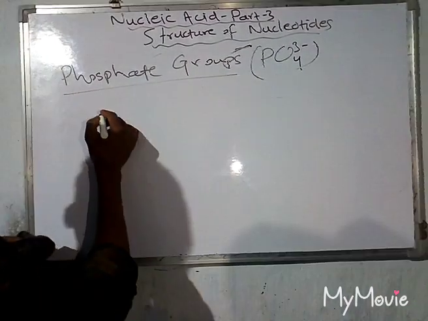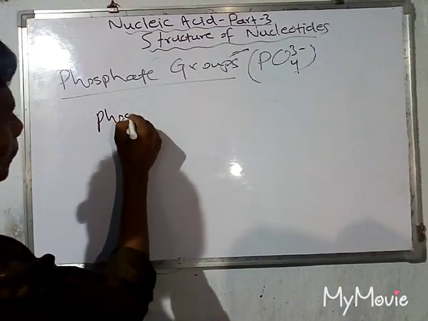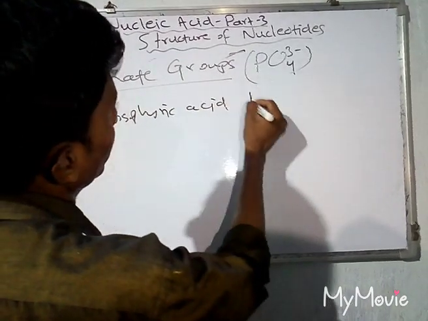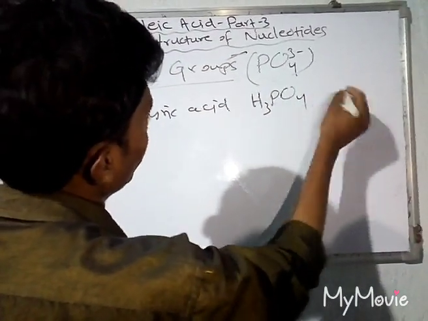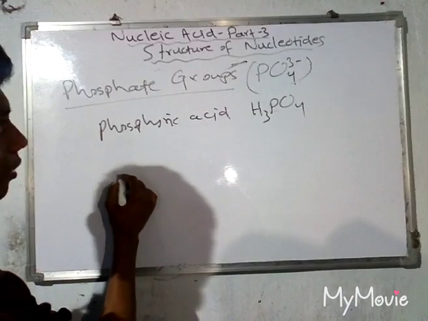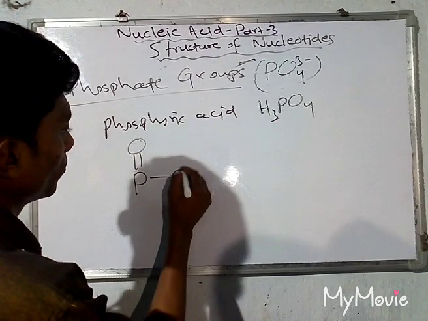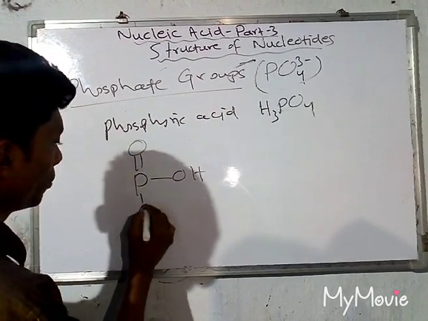How? See this. You know that phosphoric acid is H3PO4. The structure is like this.